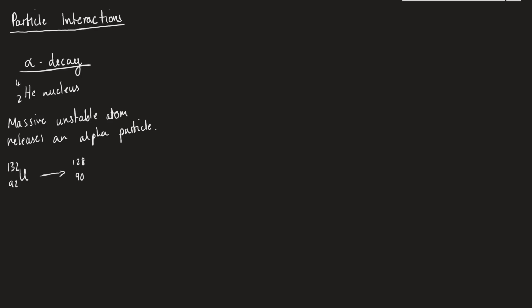This is going to be some element, which I'm going to look up in a second on the periodic table, and then we can add plus an alpha, which is just a 2, 4.